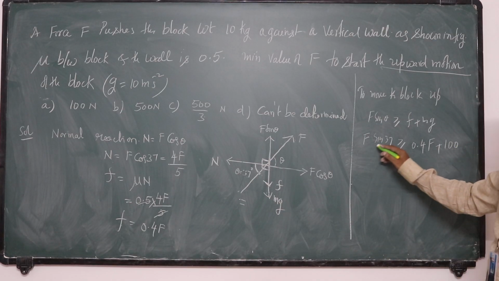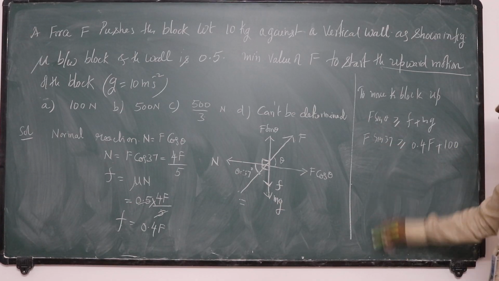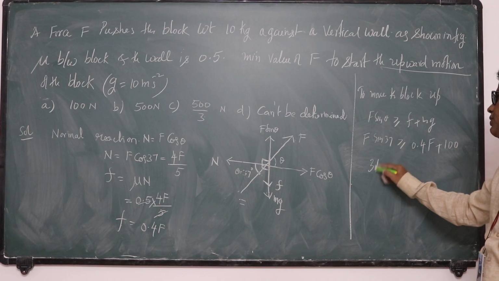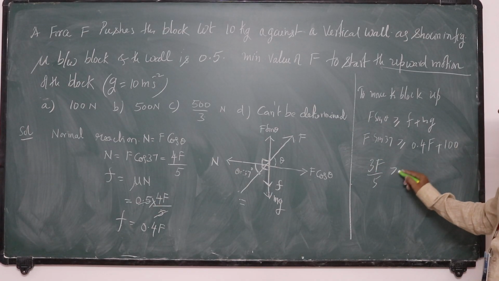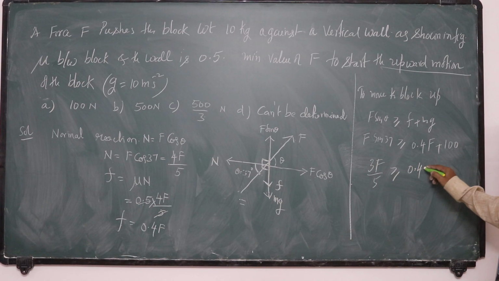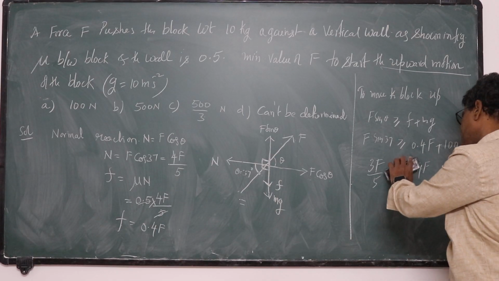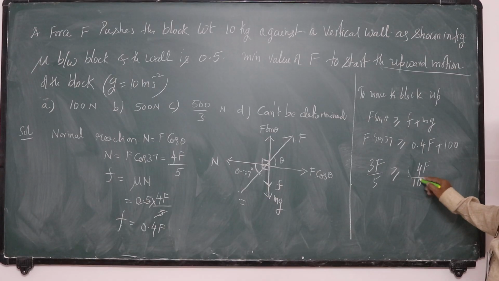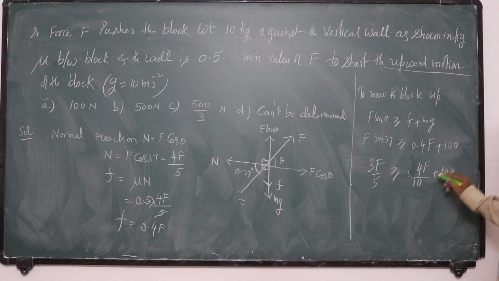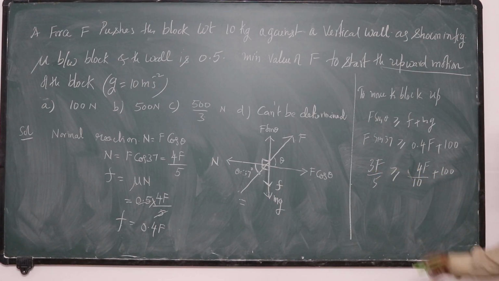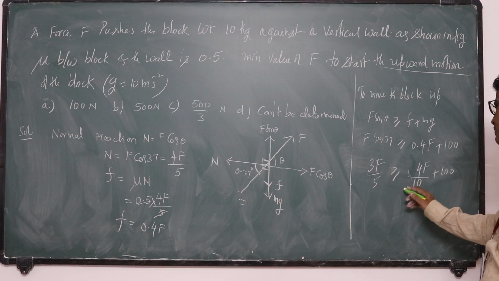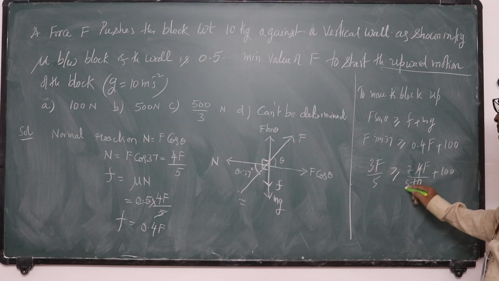Sin 37 is 3 by 5, should be greater than or equal to 0.4 F, that is 4 by 10, plus 100. You bring this side and subtract. This will become 2 by 5.